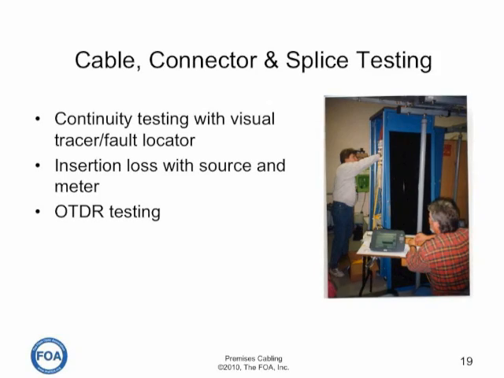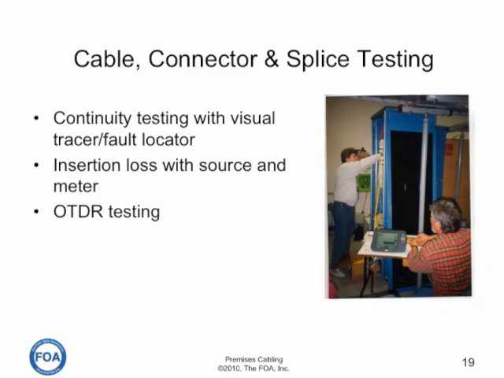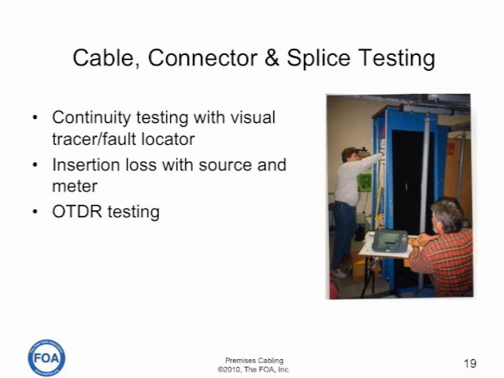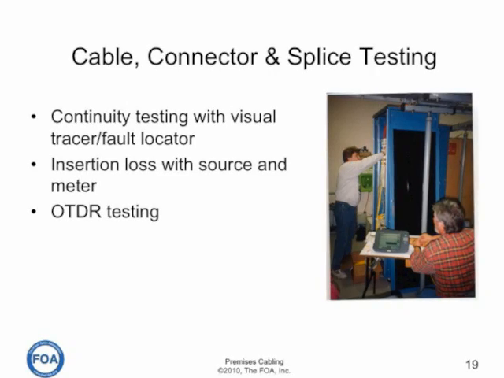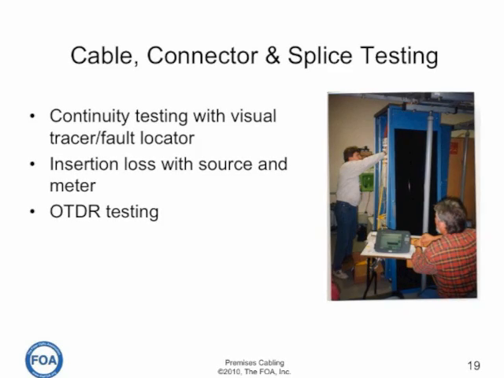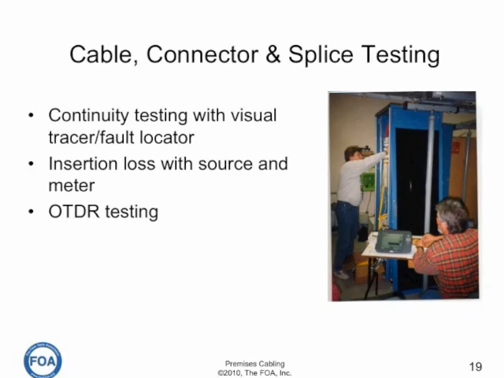Insertion loss testing uses a source and power meter, which emulates the way the cable will actually be used by a transmitter and receiver and gives a loss reading that we use for acceptance testing. OTDR testing can also be done on some premises cables if they're long enough, and it's used primarily as a troubleshooting tool.